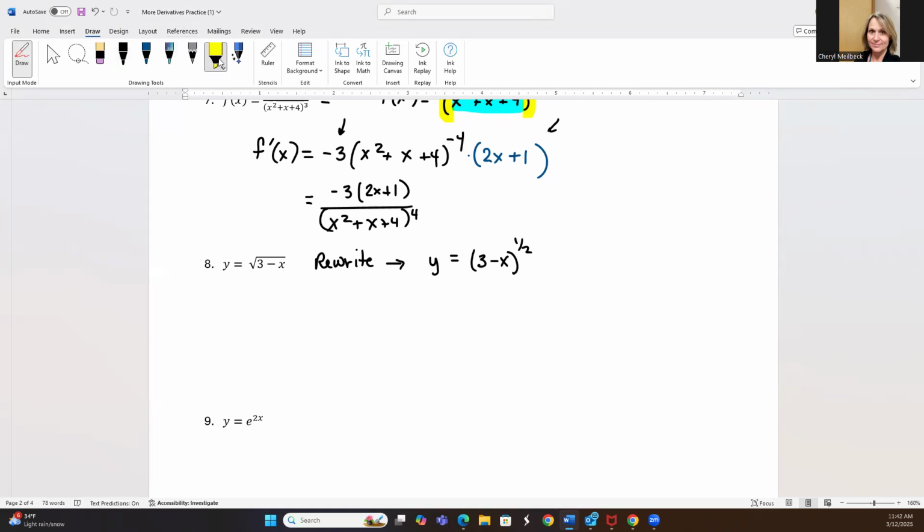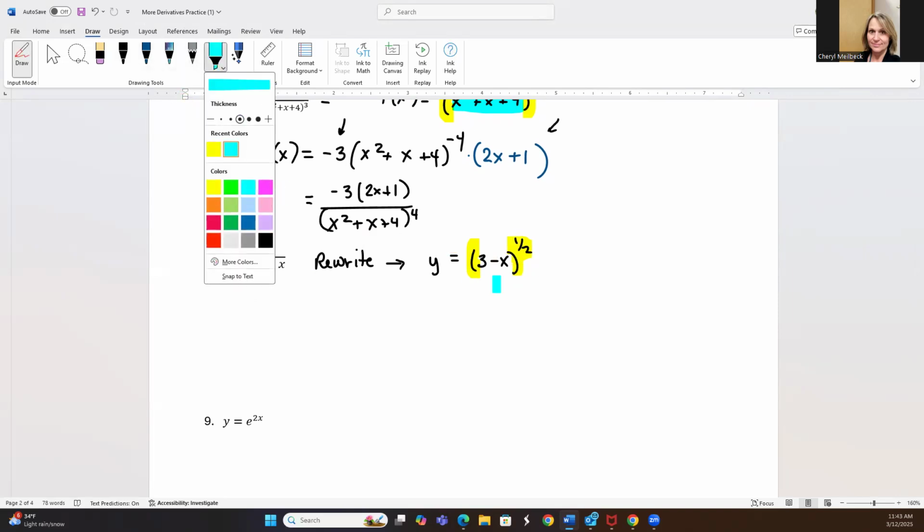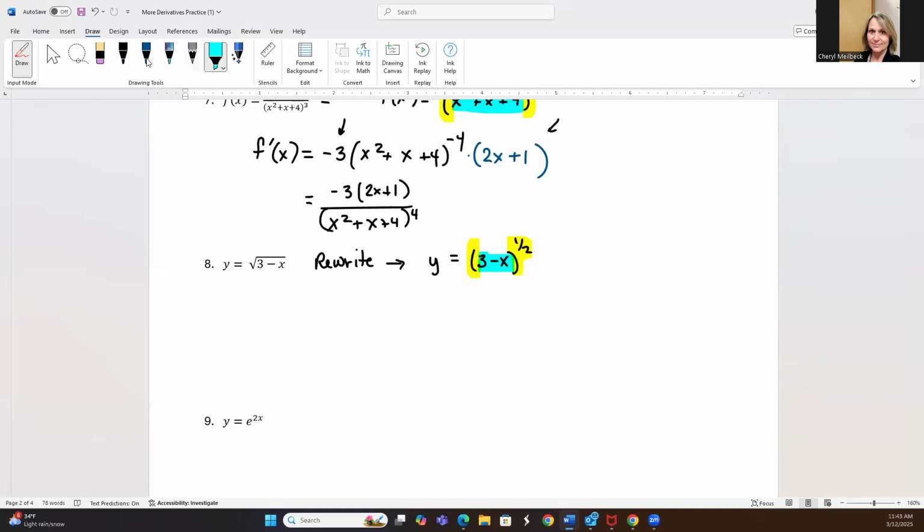And once again, we have the chain rule with the outside function being the power rule, taking it to the 1/2 power, and the inside function being that 3 minus x. Using our chain rule, we'll have 1/2 times that 3 minus x. And then for the power rule, we take 1/2 and subtract 1 for the exponent. So that's how we'll get a negative 1/2.